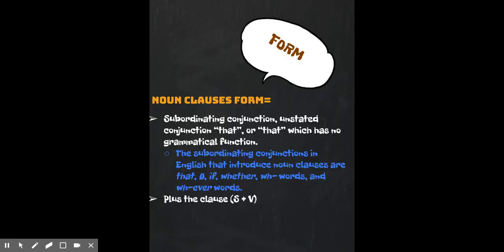Noun clause forms. Since they're a subordinate clause, they have a subordinating conjunction, or sometimes an unstated conjunction, usually the word that. Like we have an unstated you in the subject of a command sentence, we can also have an unstated conjunction where we don't state it, but it naturally fits in the front of that clause.